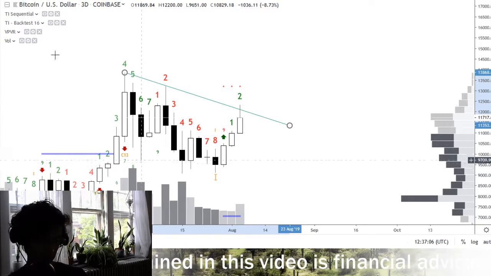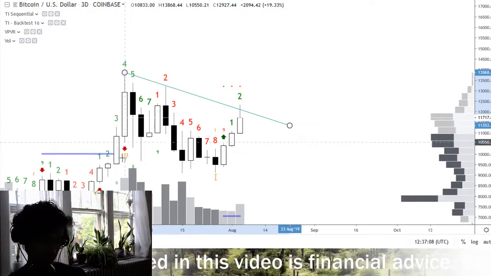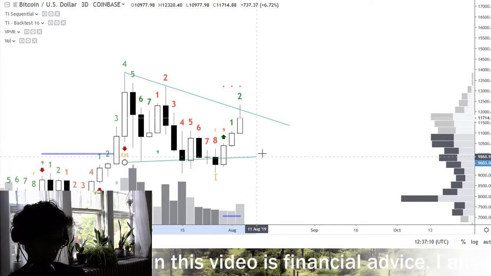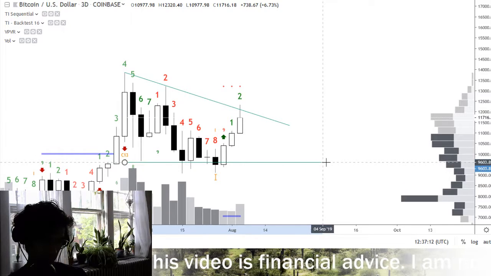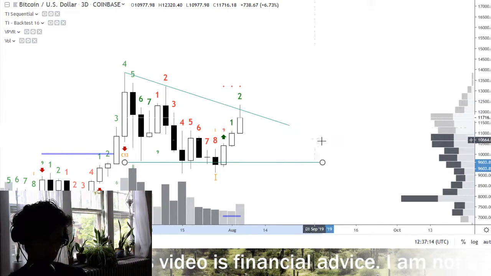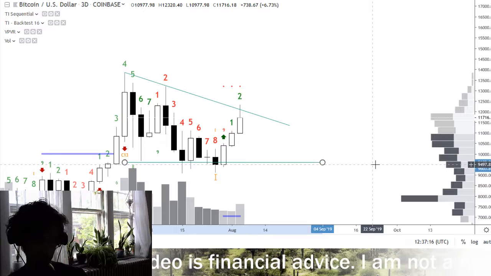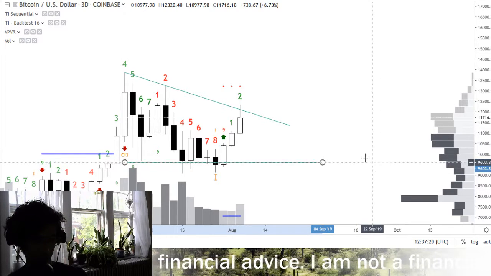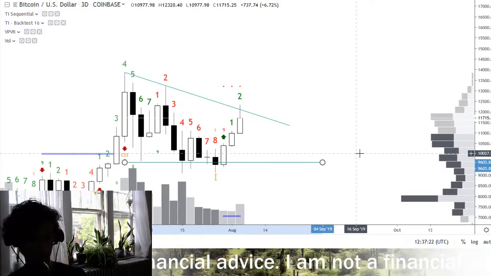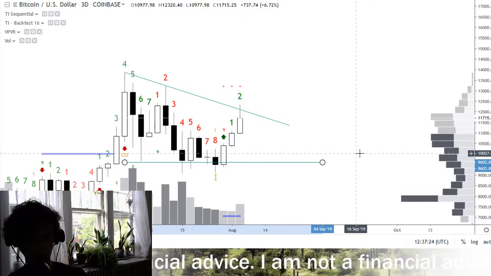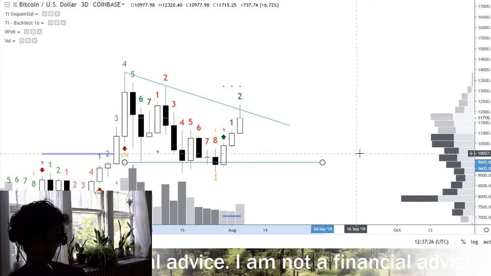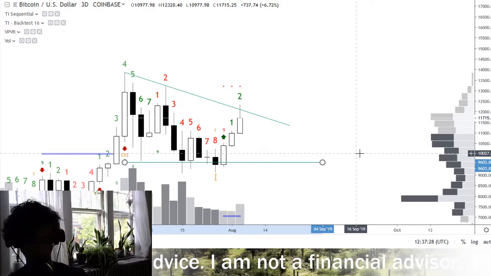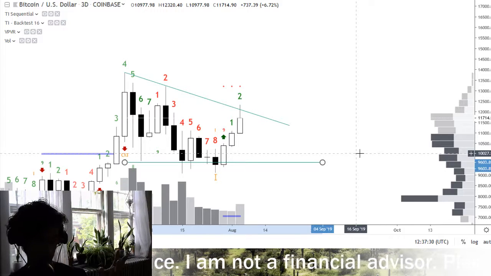Because the triangle you're in is currently like this. And this, for real, can stretch out until September. And most of the time it breaks out two thirds of the way through. So, June, July, August, September.